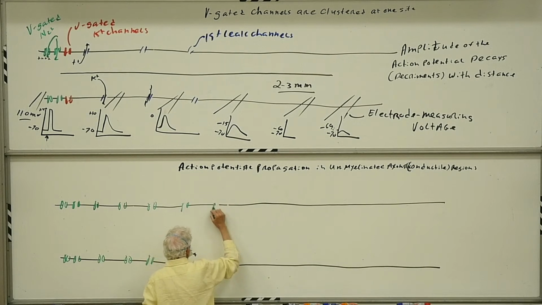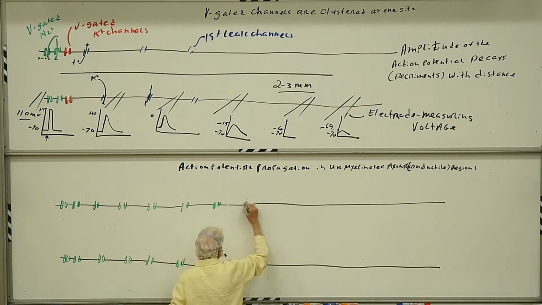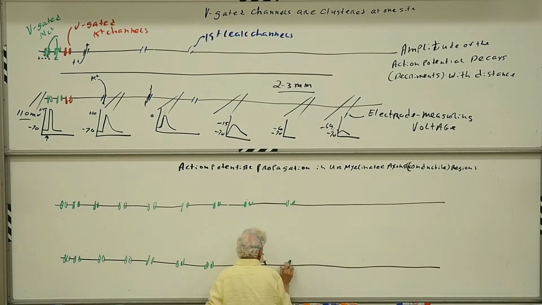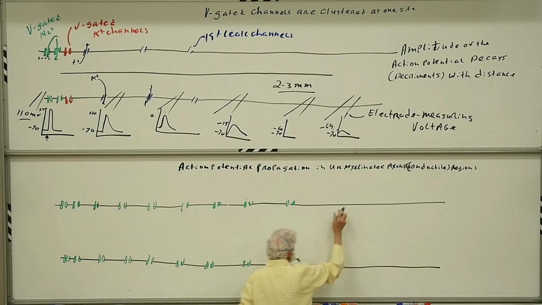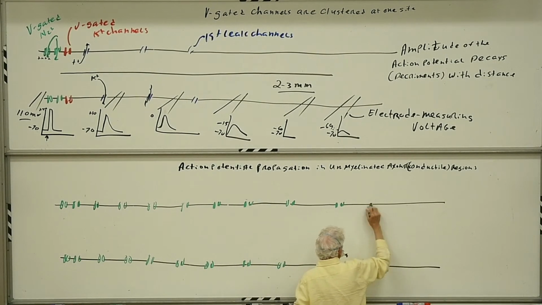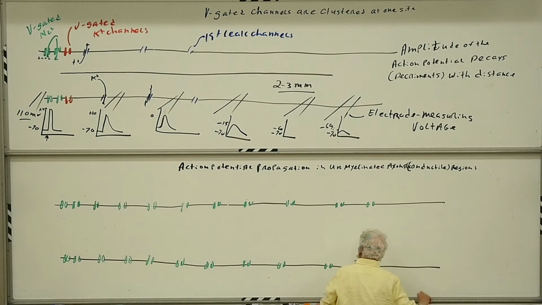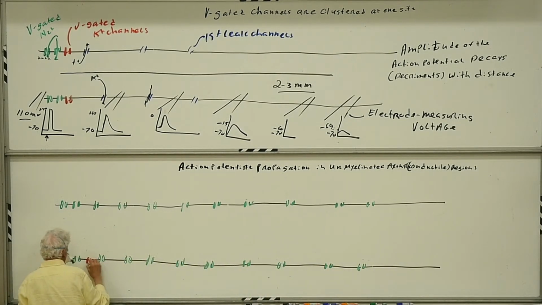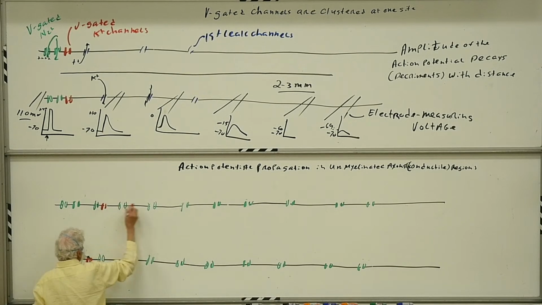Now, we'll intersperse some potassium channels along here too, because they will be grouped one with another. But what I'm trying to impress you with is that these voltage-gated sodium channels are going to be located pretty much at regular intervals along the membrane. And they will be accompanied by the voltage-gated potassium channels.